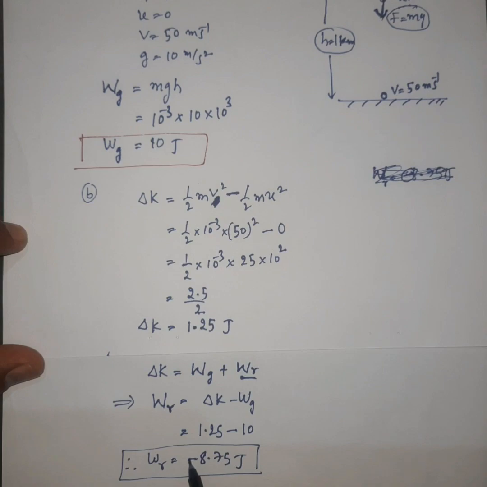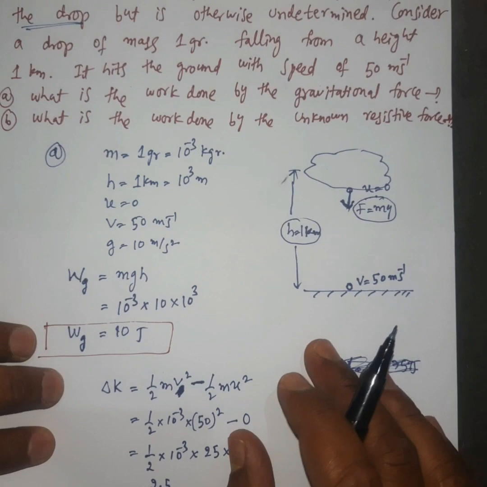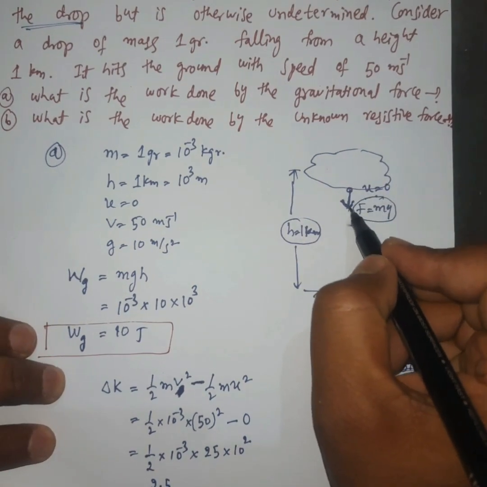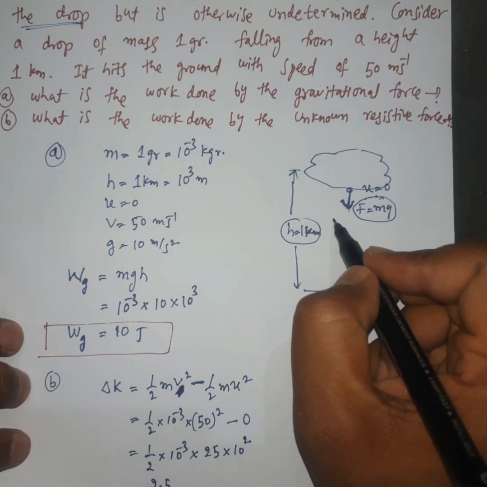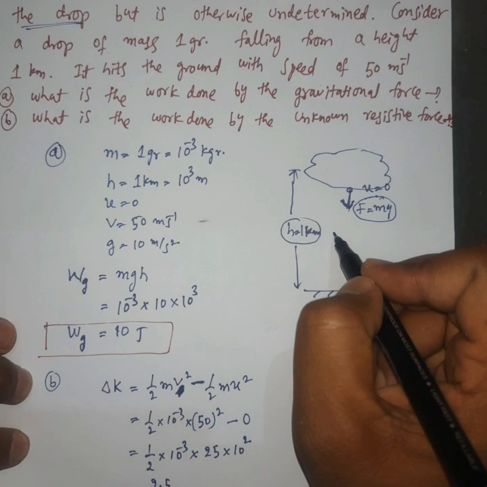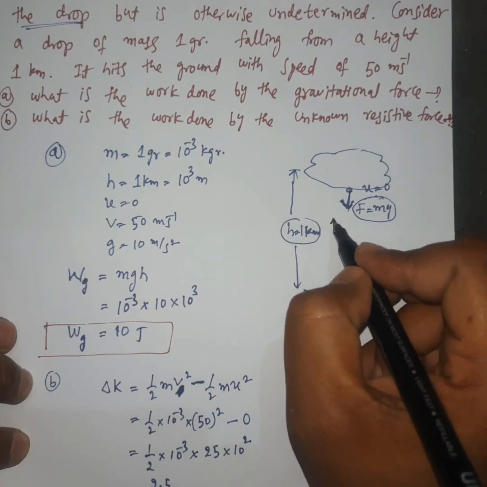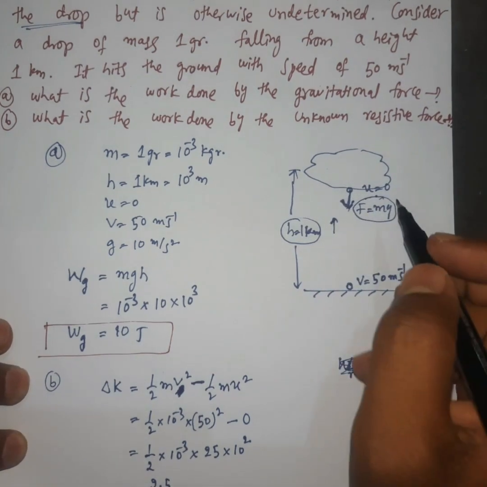So we get WR equal to minus 8.75 joules. What does minus mean? The minus indicates that the gravitational force is in the downward direction, so the resistive force opposes the gravitational force. So simply, the unknown resistive force acts in the upward direction.